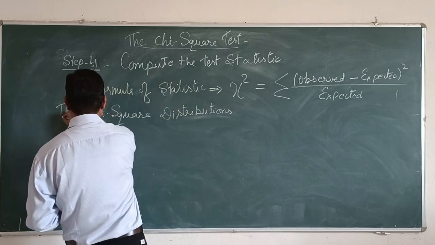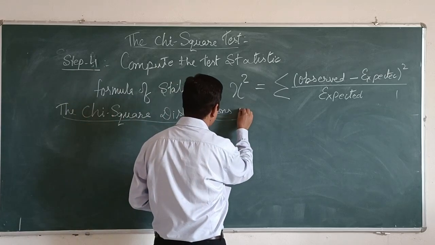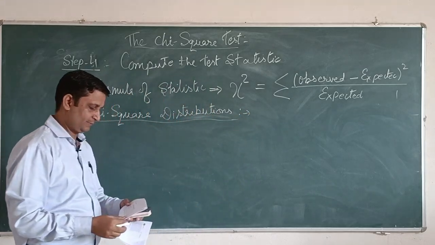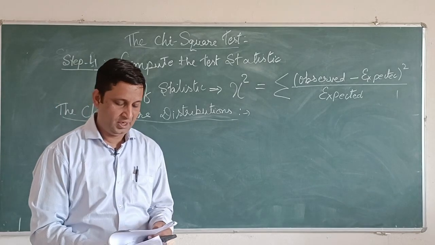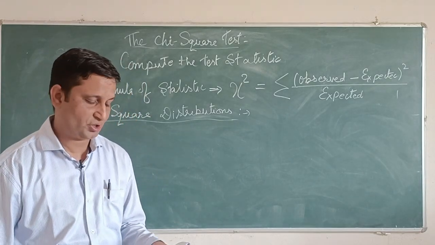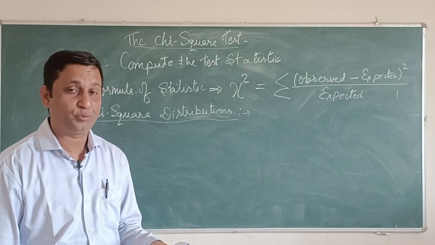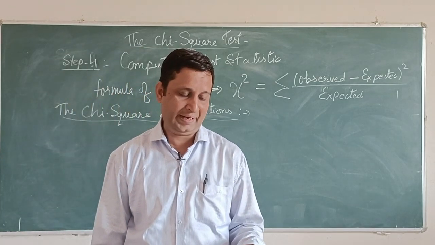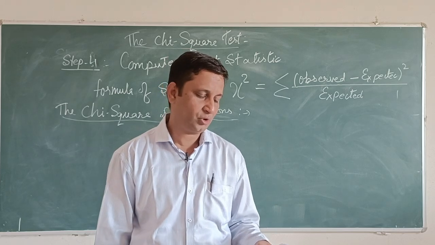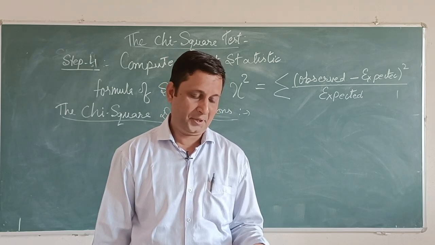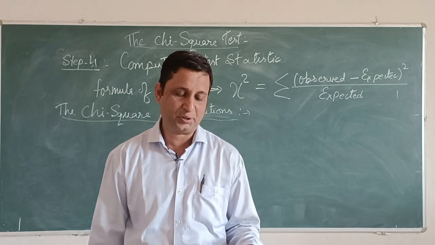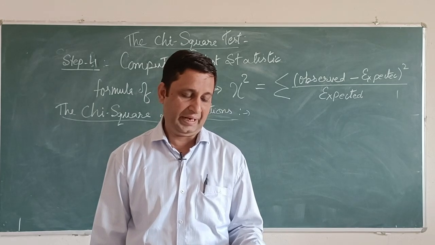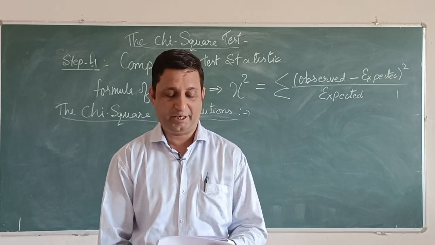The G-square distributions are a family of distributions that take only positive values and are skewed to the right. A particular G-square distribution is specified by giving its degrees of freedom.